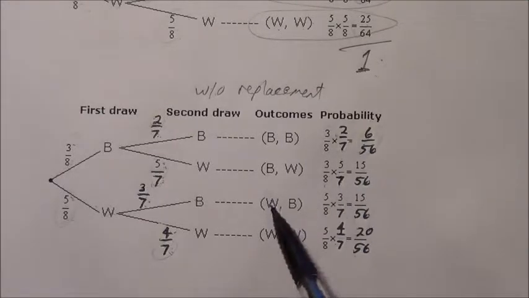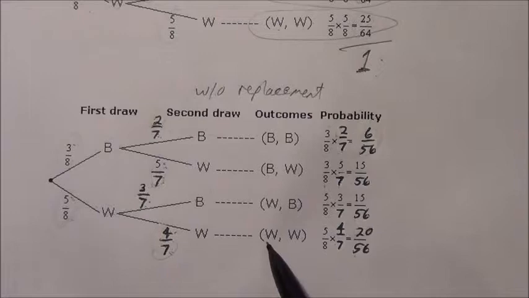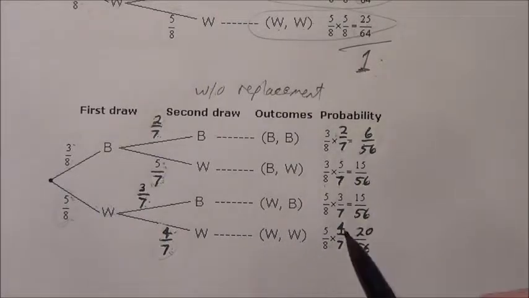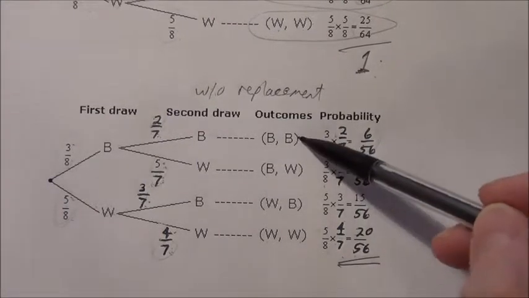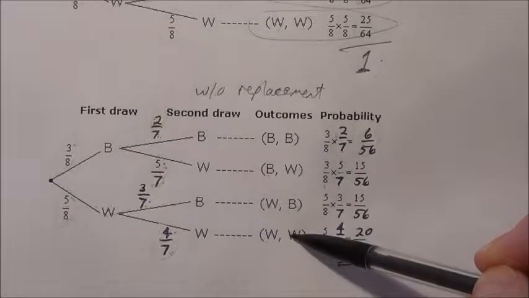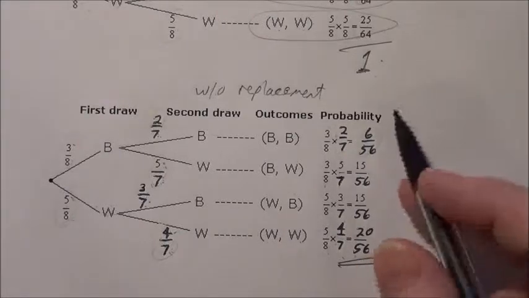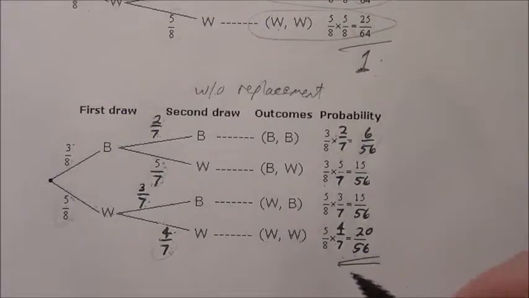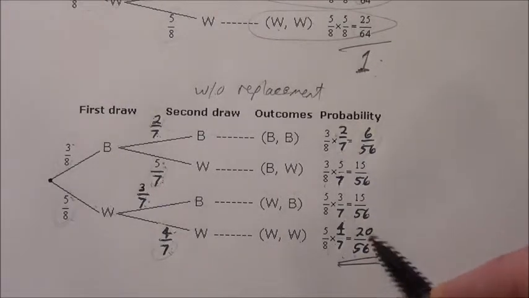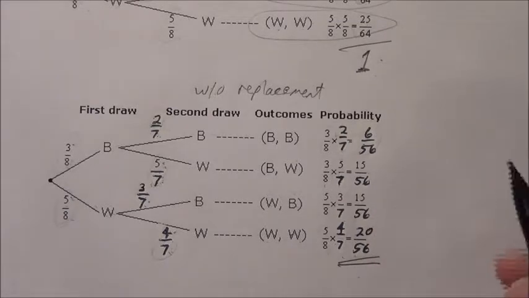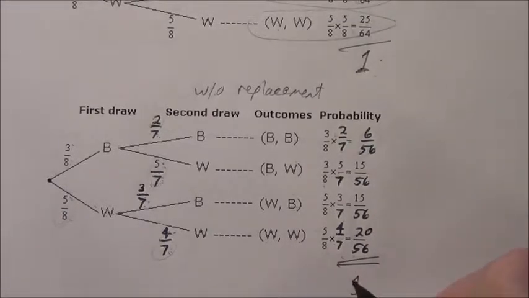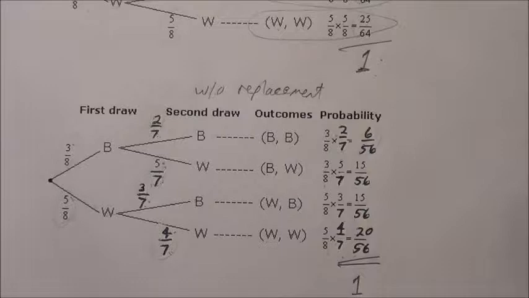Same probability if it's white and then black, and then 2 white marbles following each other on the draws, 5/8 multiplied by 4/7, which is 20/56. And then of course, because these are the only outcomes that are possible, it is with certainty that at least one of those outcomes will occur. And therefore, if we were to add all the different probabilities together, we will get a value of 1.